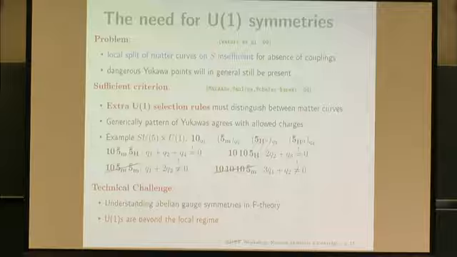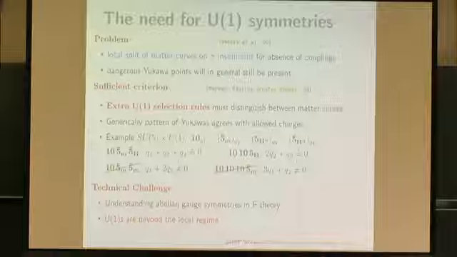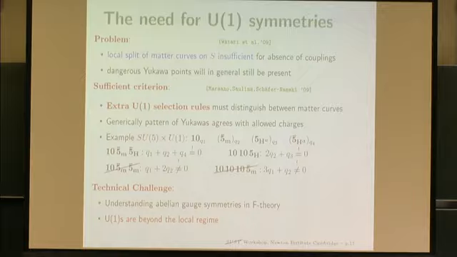A sufficient criterion, however, as pointed out and studied in great detail by Sakura and collaborators, is that we need extra selection rules that really ensure, in addition, absence of the couplings. And the easiest thing would be to have extra U1 selection rules which distinguish between the matter curves and forbid certain couplings.